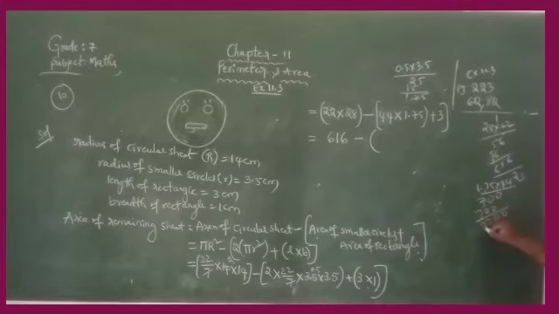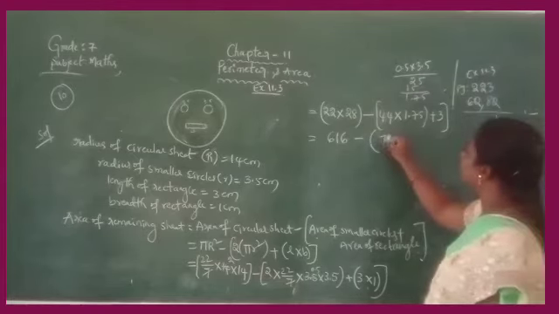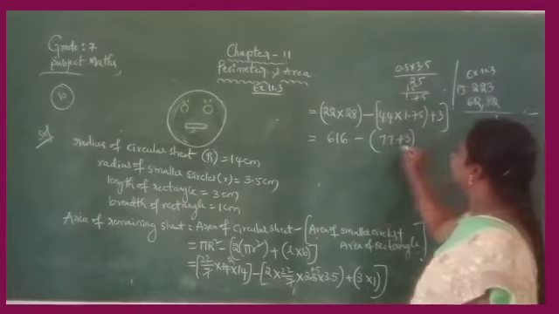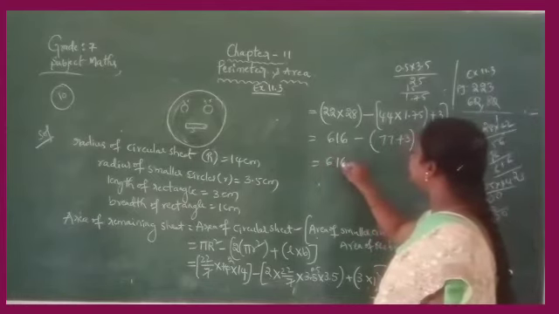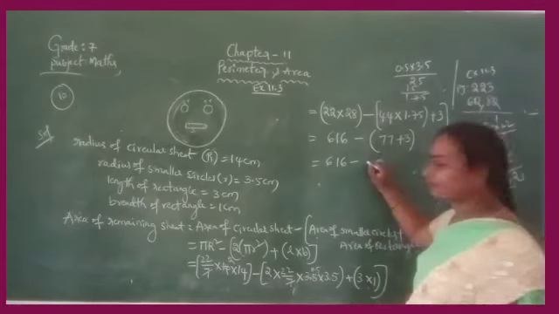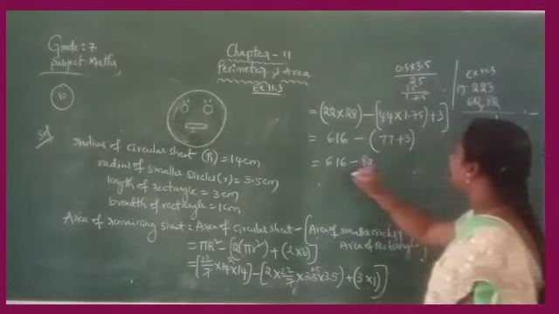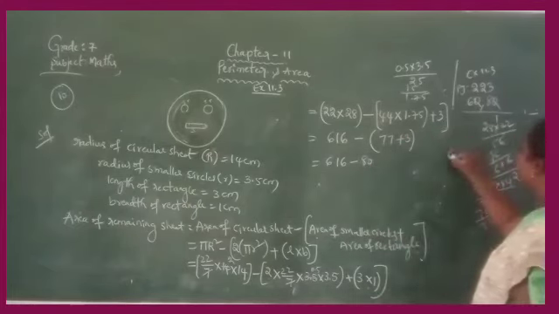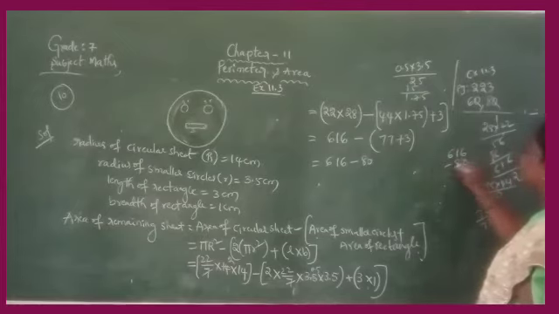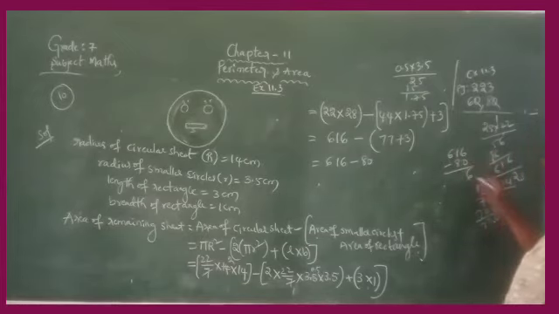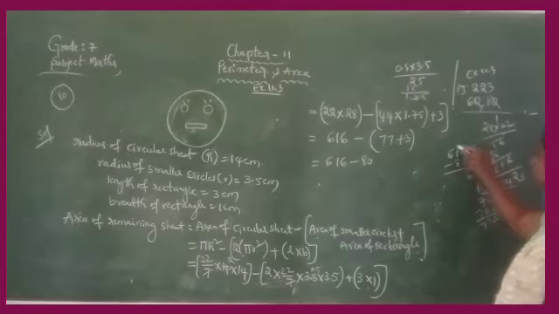Add, that is 77.00, nothing but 77, plus 3. Okay, 616 minus 77 plus 3, how much? 80. Now subtract 80 from 616. 1 minus 8 we cannot subtract, so take borrow. 11 minus 8 is 3. And here 1 is reduced, that is 5.